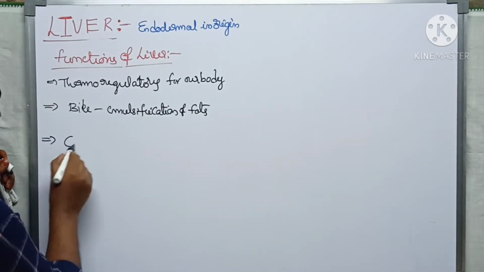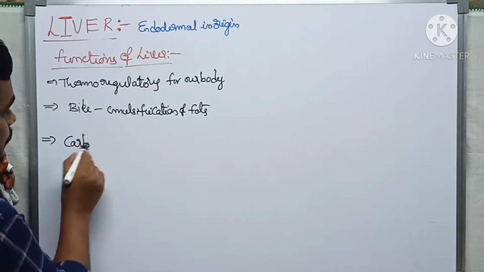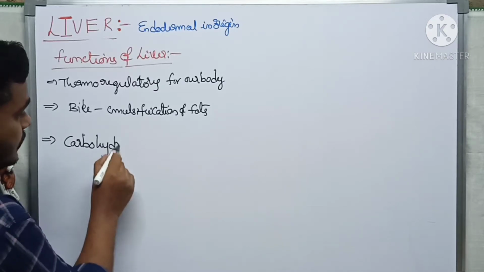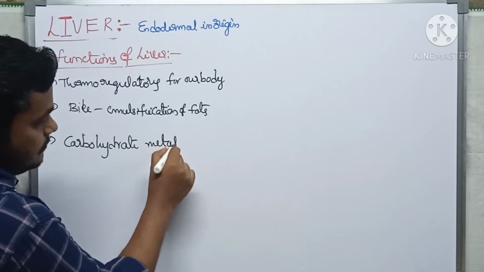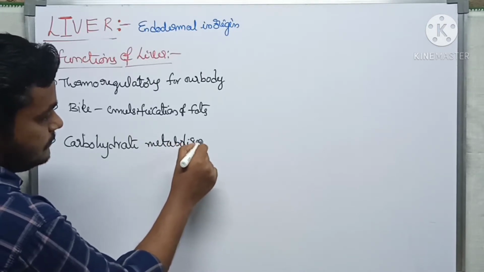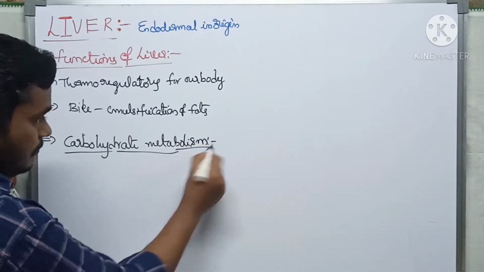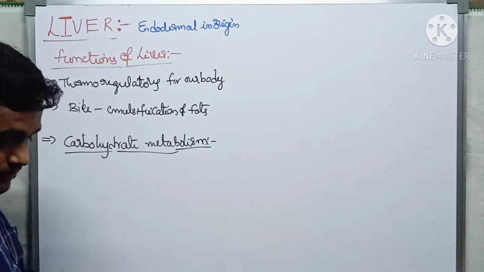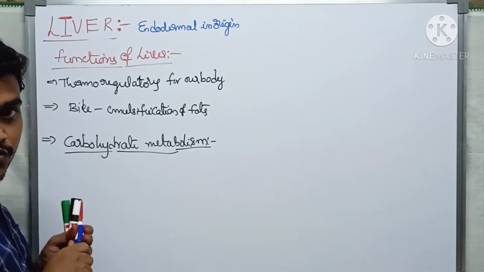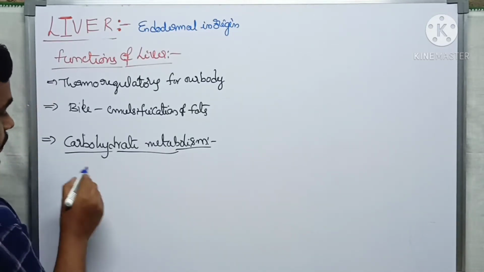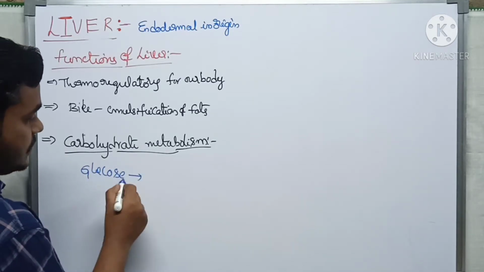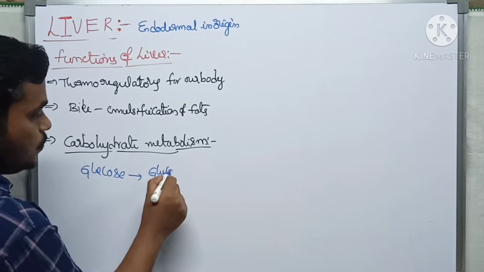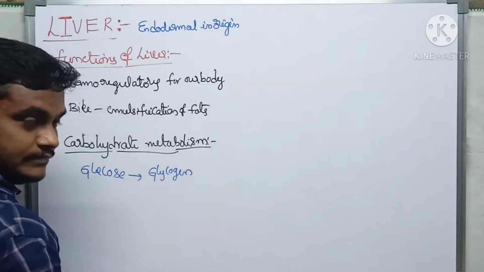Then the liver conducts carbohydrate metabolism. What is carbohydrate metabolism? Suppose you take more glucose in your food, that glucose is converted into glycogen in the liver.